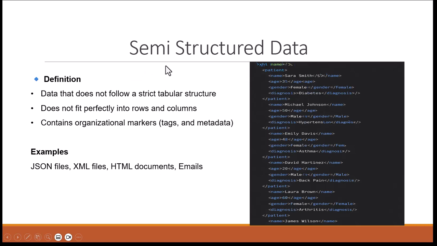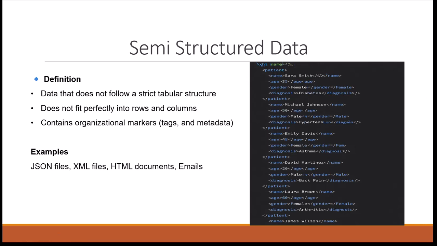And what is semi-structured data? Semi-structured data is a format of data which is between structured and unstructured data. They do not follow a strict tabular structure, but they have some level of organization. For example, we use tags and metadata for organizing them, such as JSON files, XML files, HTML documents, or emails.